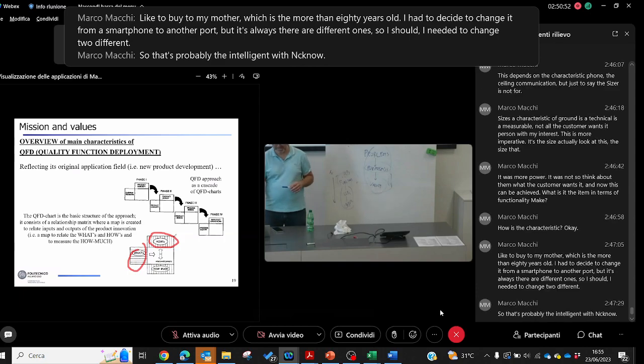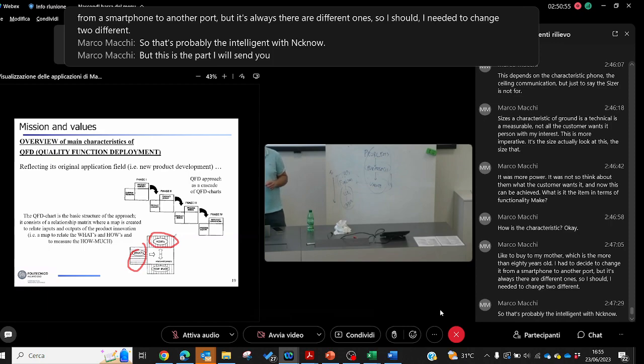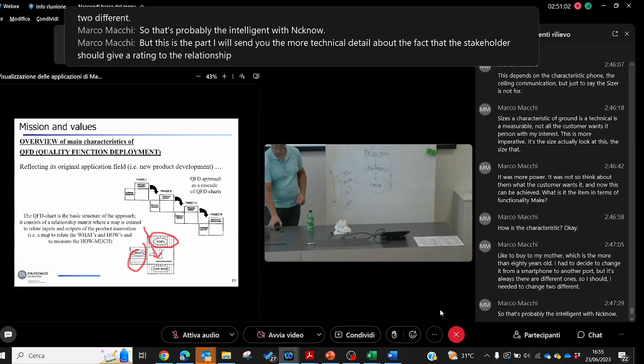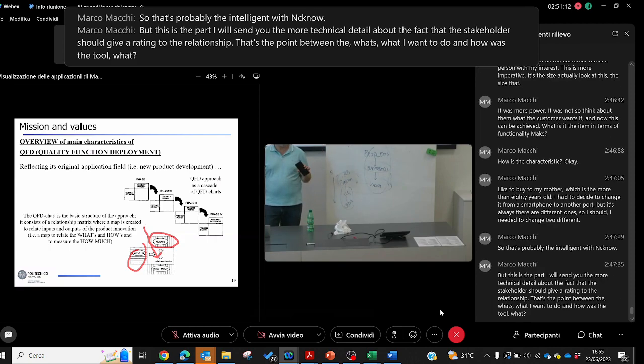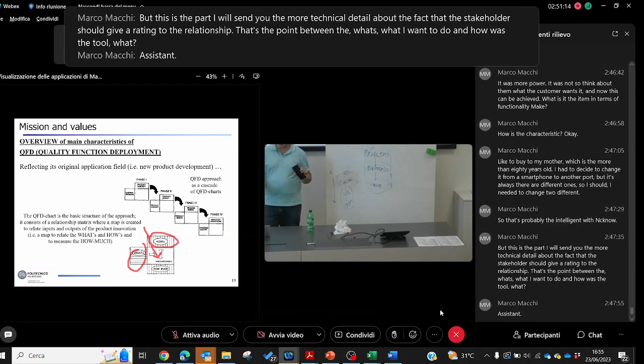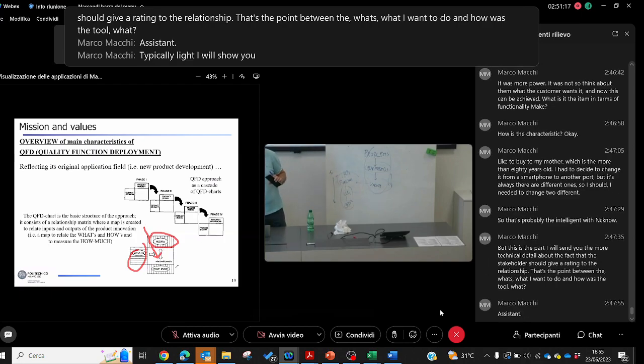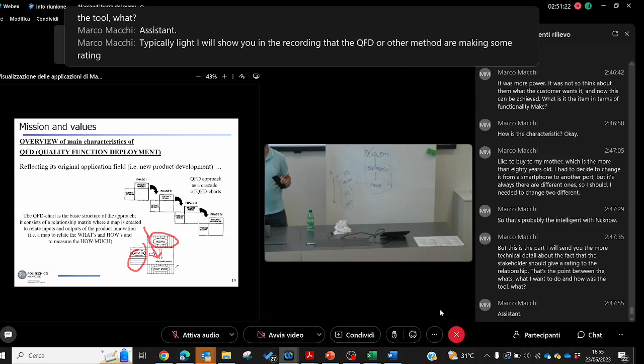But this is the point. I will tell you in more technical detail about the fact that the stakeholder should give a rating to the relationship. That's the point. Between the what's, what I want to do, and the how, what is the characteristic of the system. Typically, as I will show you in the recording, QFD or other methods make some rating system based on some scoring and some scale that gives you the meaning of the score.